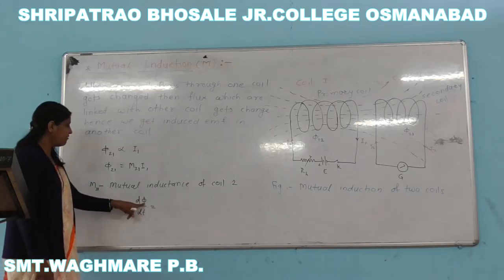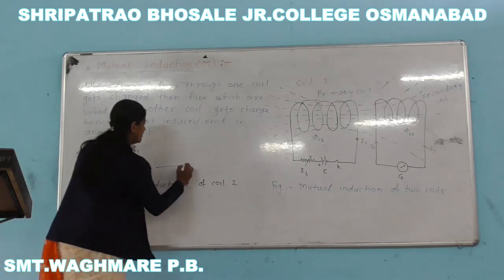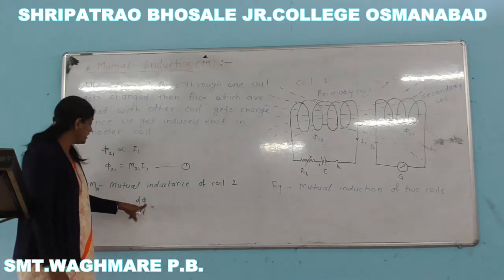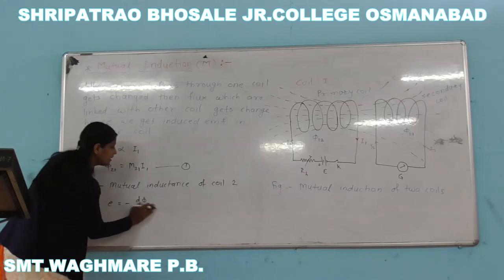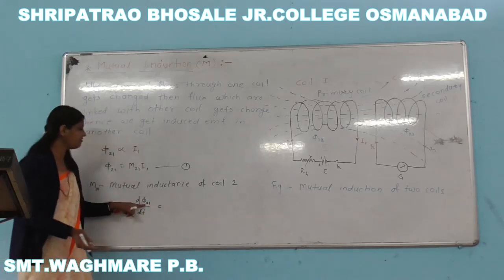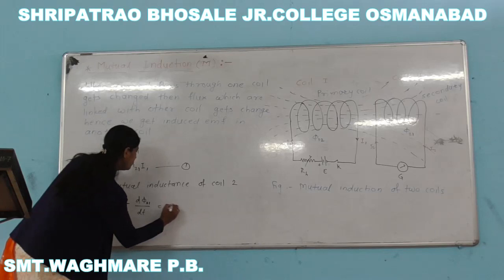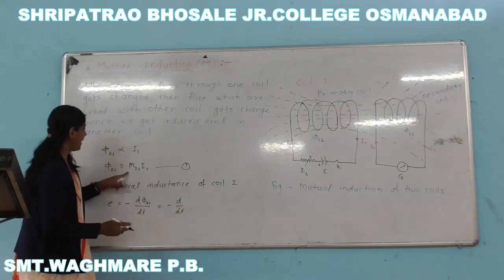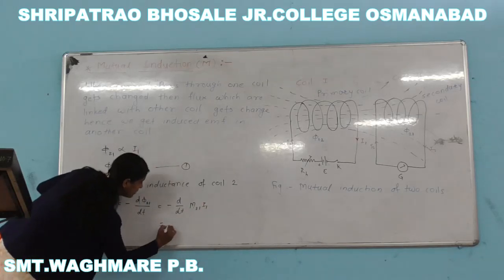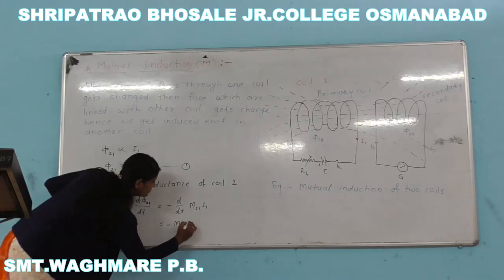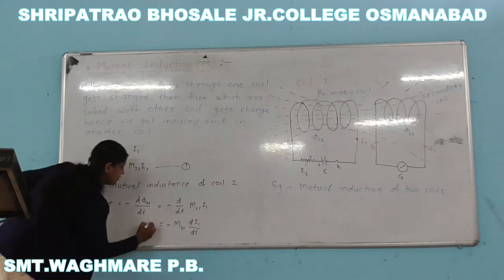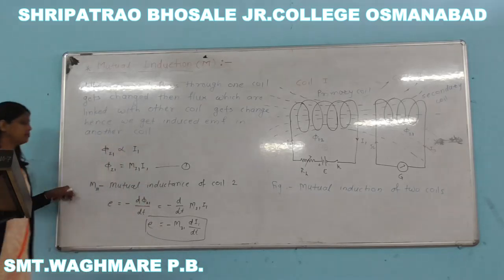Here we are going to find the EMF induced in the secondary coil, so the flux linked with the secondary coil will be phi21. Putting the value of phi21, which is M21 I1, in this equation, we get E is equal to minus M21 di1 by dt.